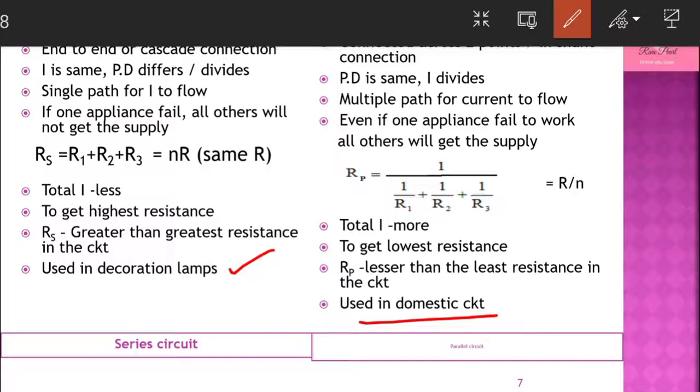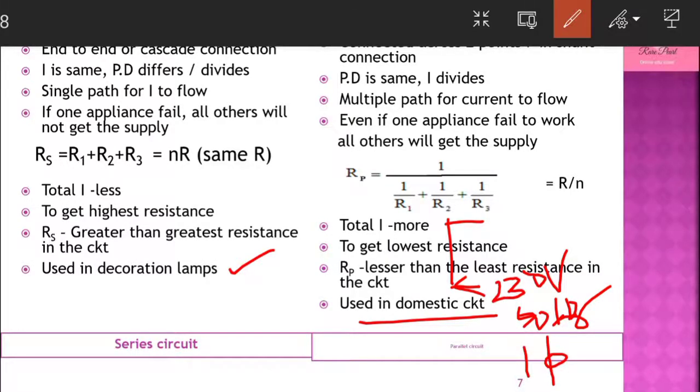Because all the appliances should get the same voltage, that is 230 volt 50 hertz single phase AC supply. This is the kind of supply we get in a house.